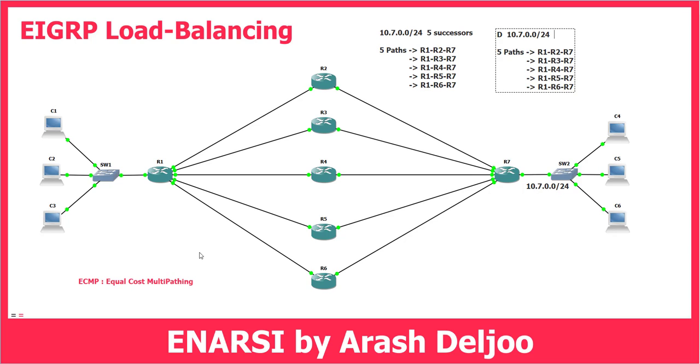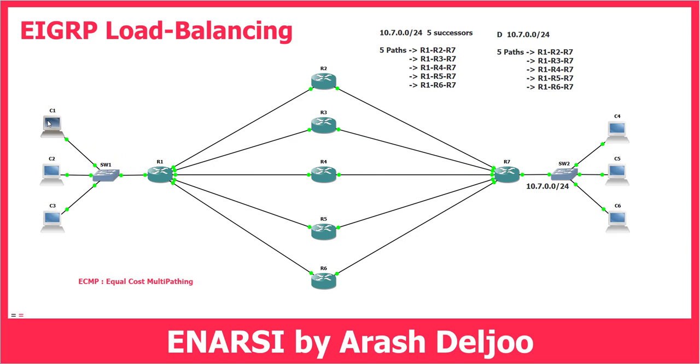Another name for load balancing is equal cost multipath. Equal cost multipath, or ECMP, means we have multiple paths with the same metric, and after that we can load balance between them. It is so easy. Assume that we are sending traffic from computer 1. The traffic from computer 1 may be sent from R1 to R2 to R7, then to computer 4, and then maybe the traffic from computer 1 with destination computer 5 is passing through router 3, router 7, then computer 5.